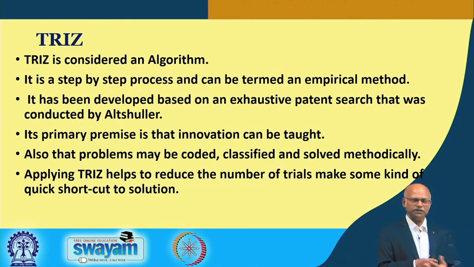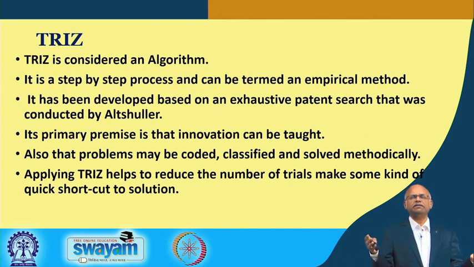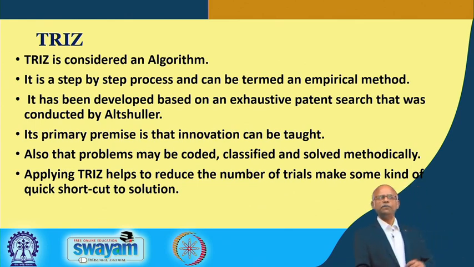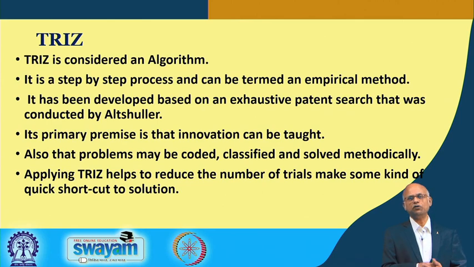You start prototyping from the best among them, and then gradually eliminate. Out of 5 you ultimately retain 1 or 2, prototype and then validate. So, the time taken for technology development comes down drastically. That is what TRIZ actually does.